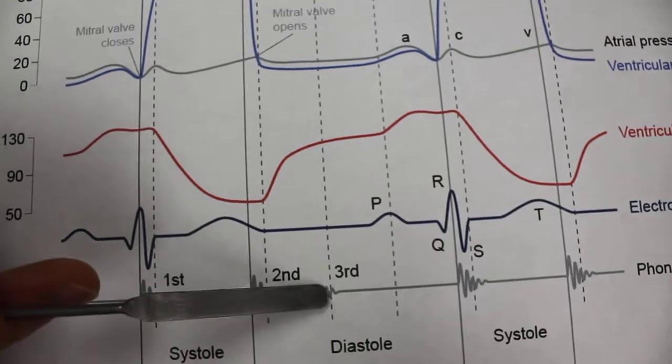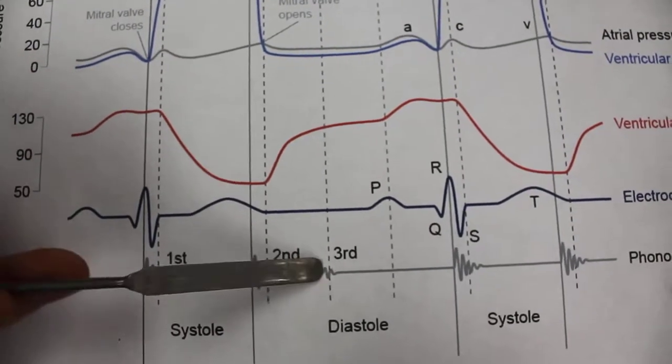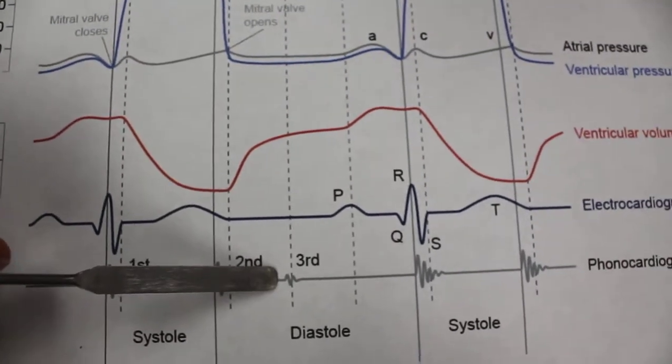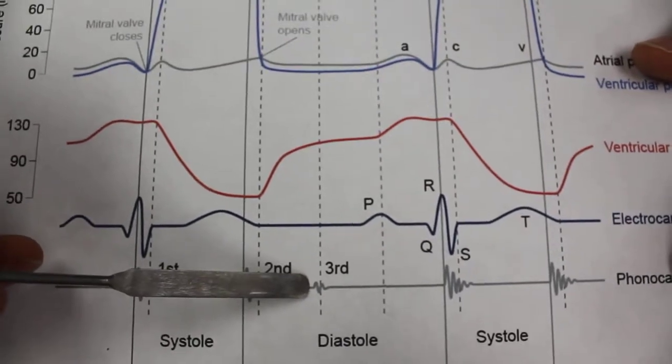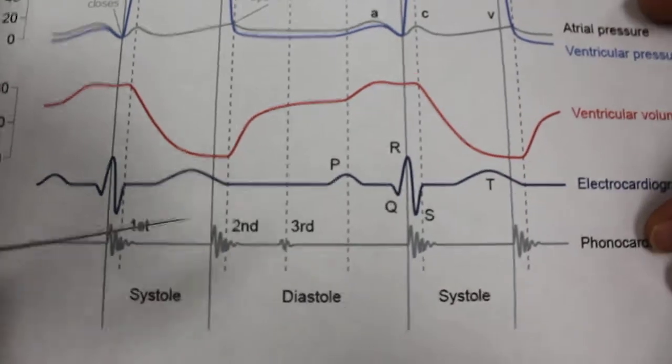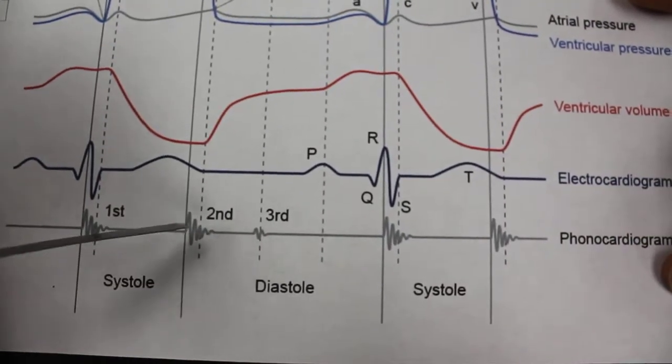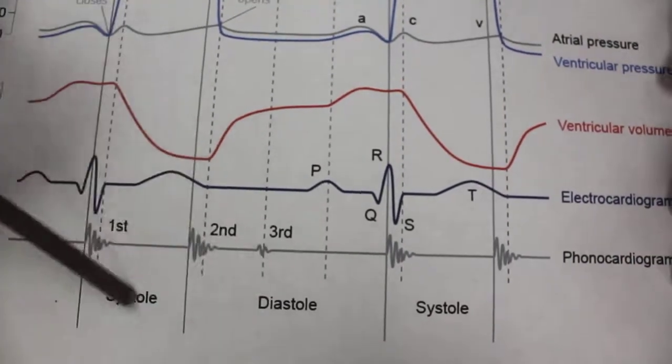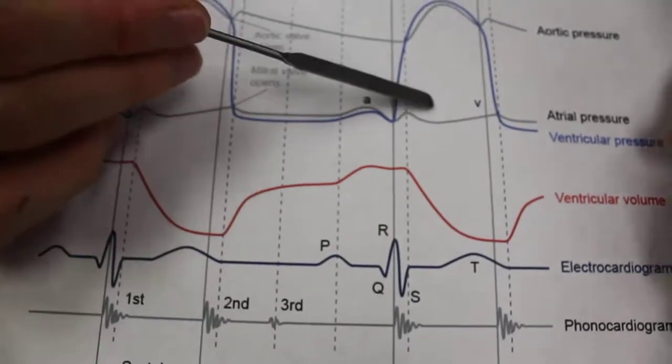This third heart sound is part of the rapid inflow. That might be present in certain individuals. It's a normal variant, but it may not always occur. And that pretty much covers this image, so we're going to switch to another one.